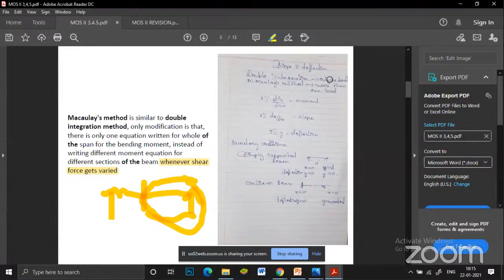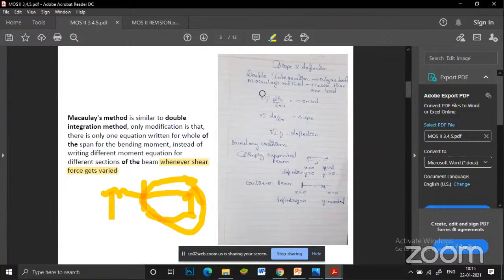Double integration method is applied only when one load is applied. Macaulay's method is used when more than one load is applied.